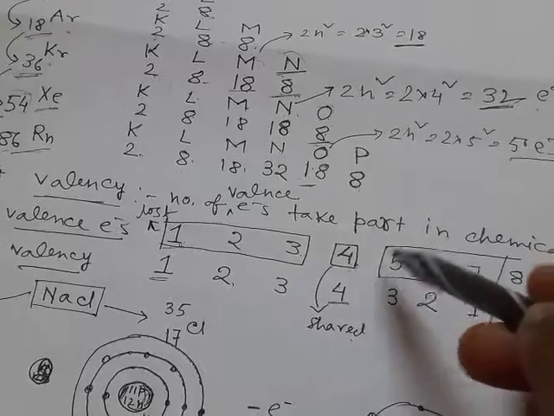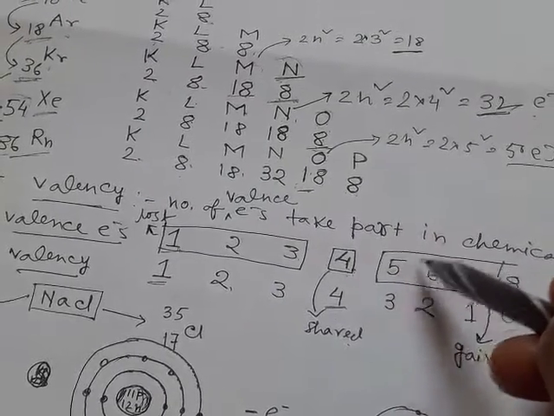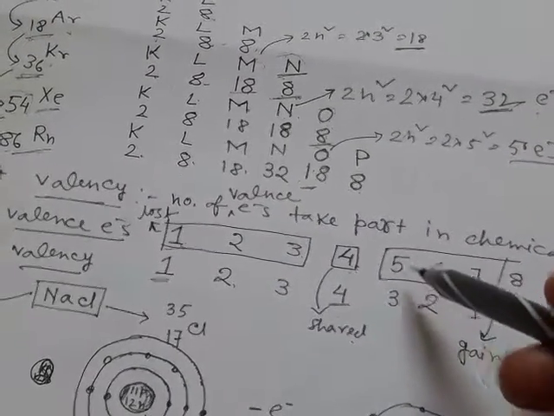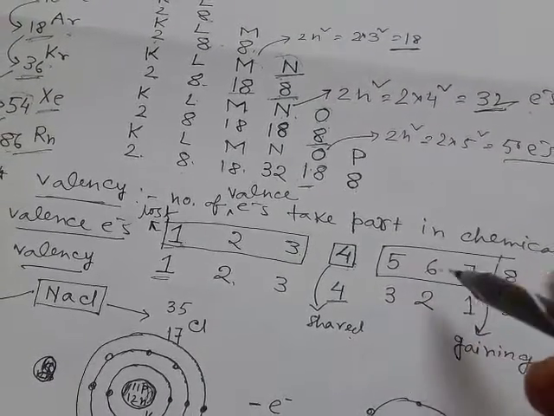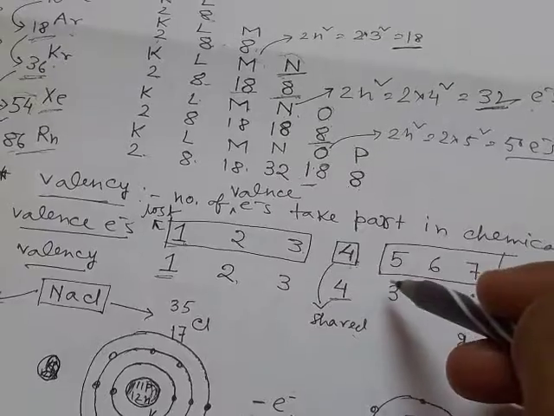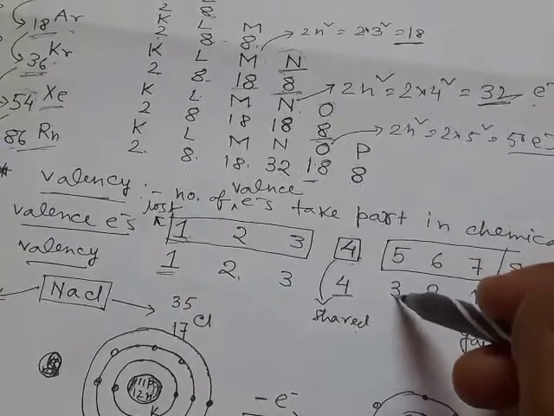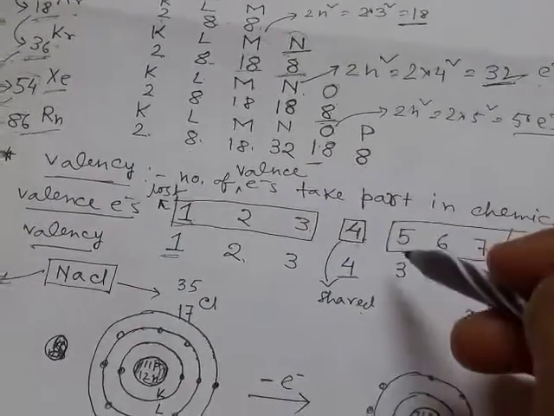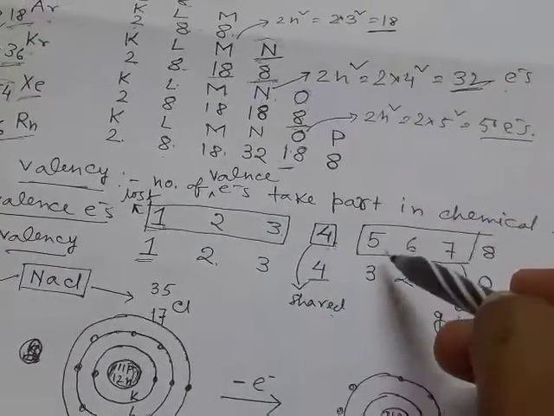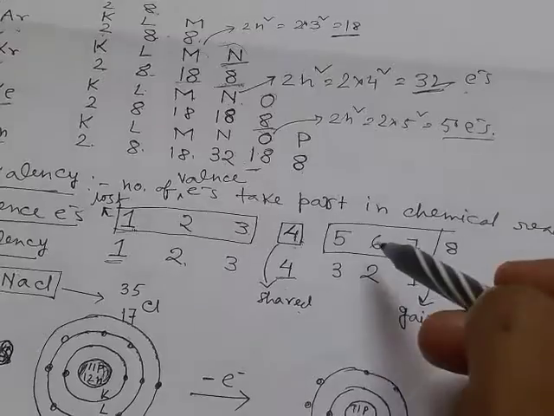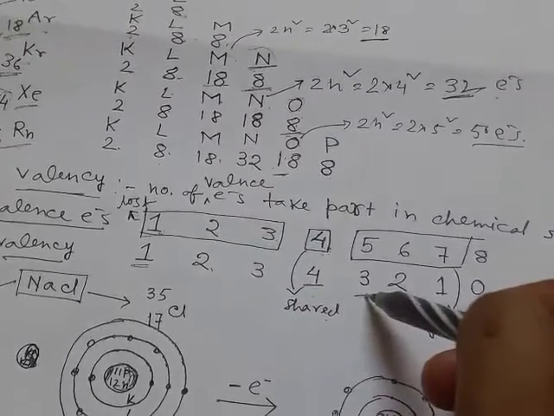Now if there are 5 valence electrons present in the outermost shell, then the atom will accept another 3 electrons in the outermost shell to attain the noble gas configuration. 5 plus 3 will be 8. So here there is gaining of electrons, so the valency will be 3.